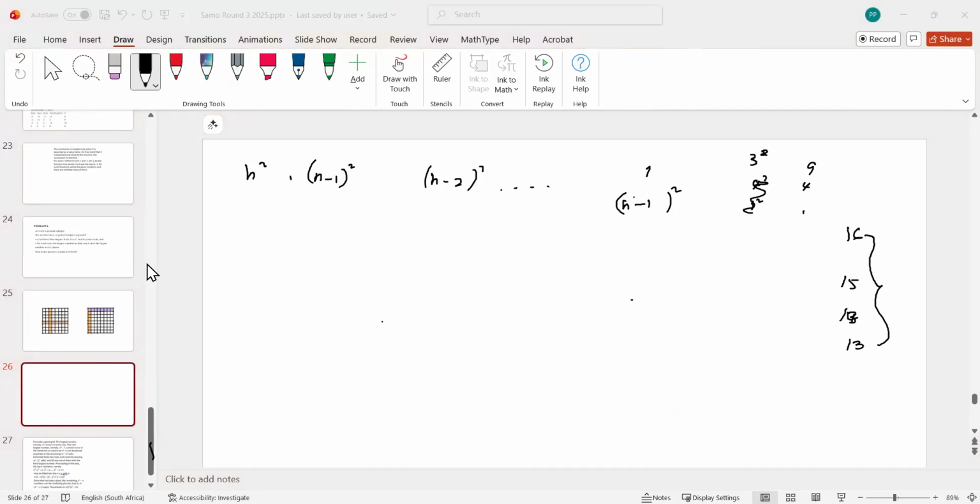The number of such good grids will be equal to this.